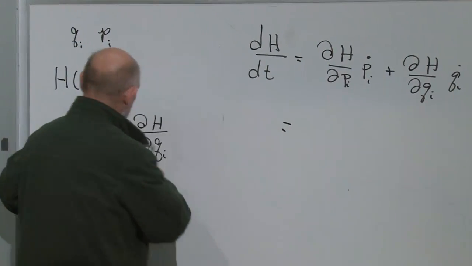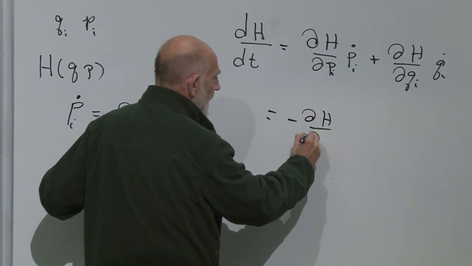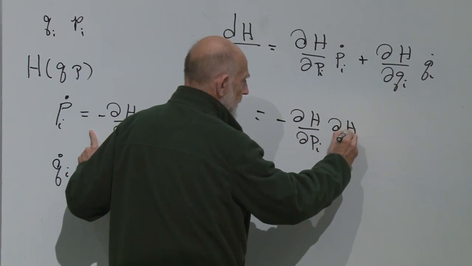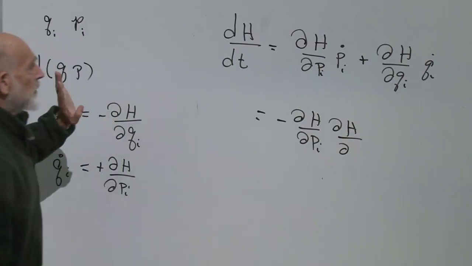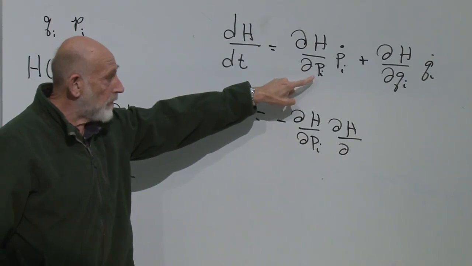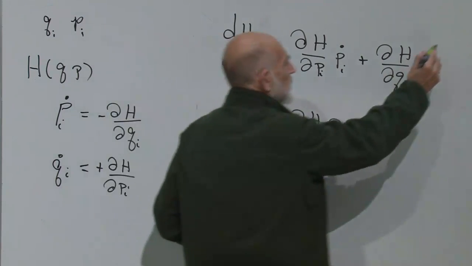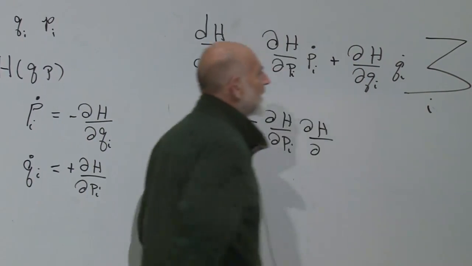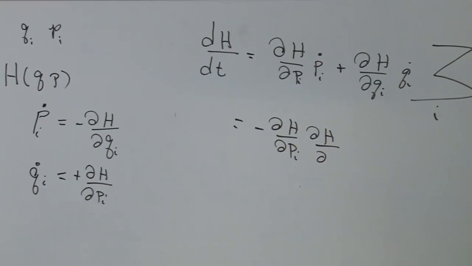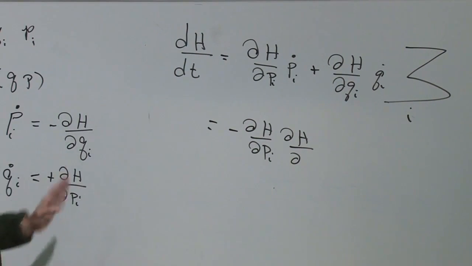All right, so let's put in here P dot. This is equal. There's a minus sign. dH by dQ sub I. Oh, sorry. There is, of course, a summation here. This means sum over all I. So let's put the sum in. I don't have room for the sum. Put it this way. Good.